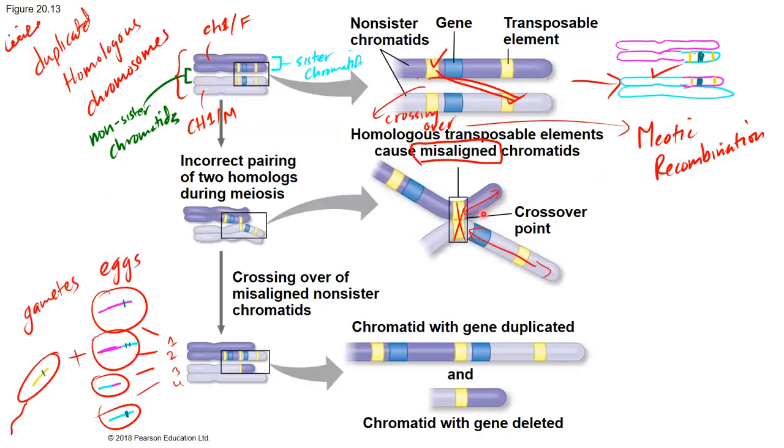But if the crossing over happens between misaligned transposable elements, this might lead to chromatids with duplication and chromatids with some regions that are deleted.